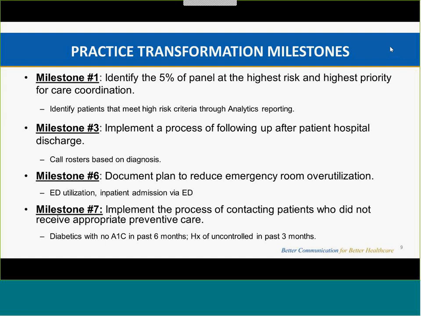Some of you may have EHRs that can do a little bit of that with you, but I provided this very simple example just because as we get more and more complex, it gets a little more overwhelming, and this is kind of the more basic intro to all of this for everyone on the call. So there's other ways that we can help you with milestone number 7 outside of diabetes. This pretty much applies to any diagnostic group, any diagnosis that you can think of that we could do different analytics against.